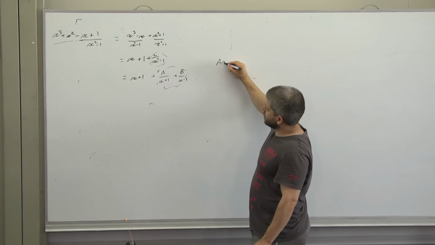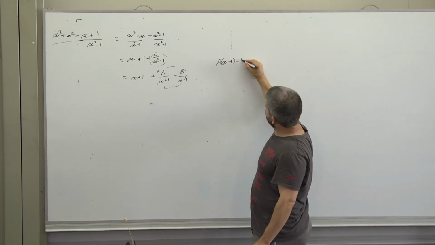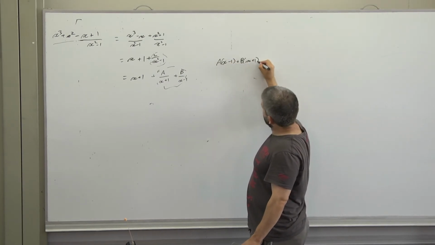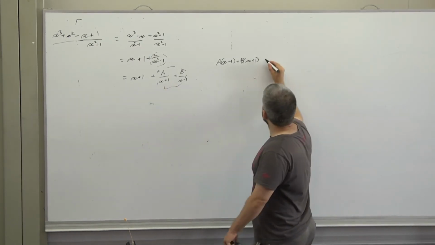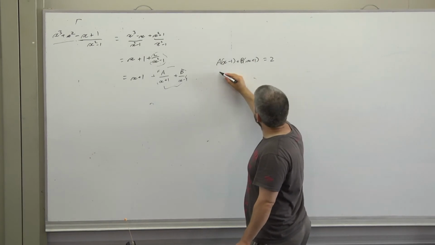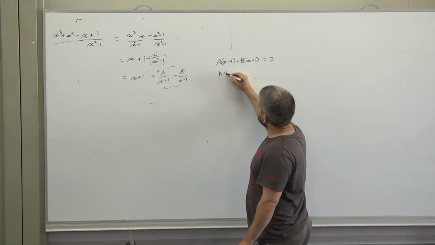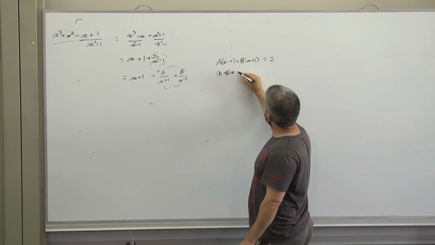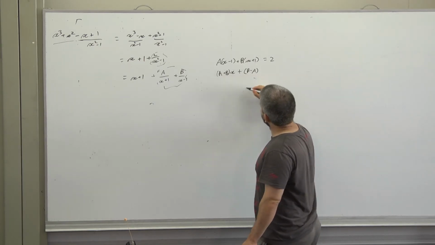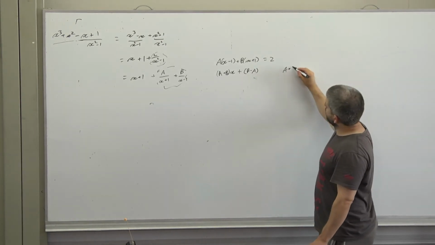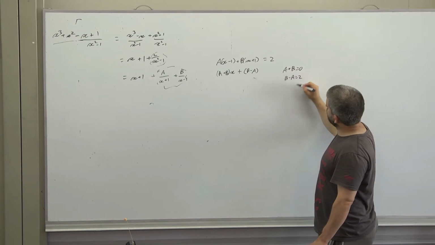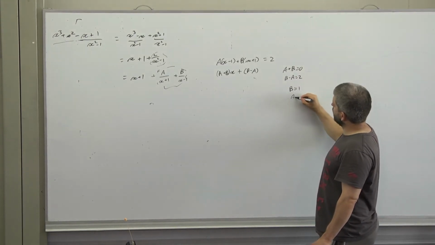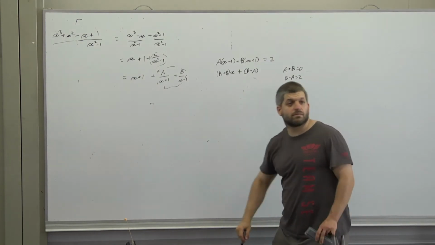So we'll have A times x minus 1. That's the denominator, that's the numerator when you multiply things. Here's 2. And that's going to be A plus B times x plus B minus A. Okay, A plus B is 0. B minus A is 2, B is 1, A is minus 1. Okay?